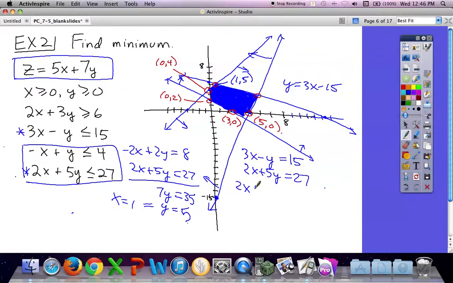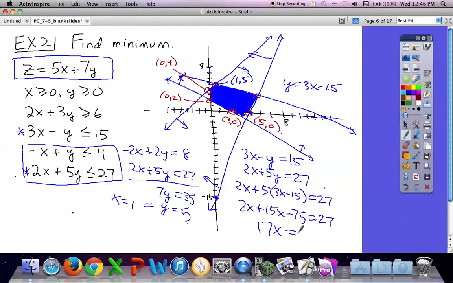So 2x plus 5 times (3x minus 15) equals 27. So 2x plus 15x minus 75 equals 27. Okay, that's 17 x's.